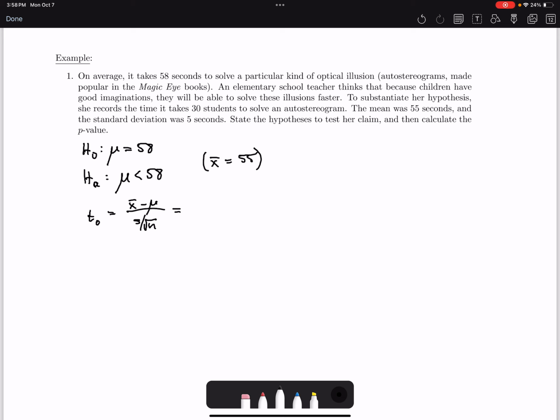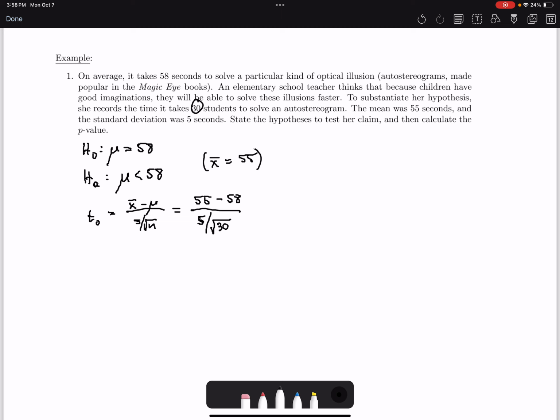X bar in this situation we've already written down was 55. Mu we're assuming to be 58. Our sample standard deviation was 5, and our sample size n was 30.